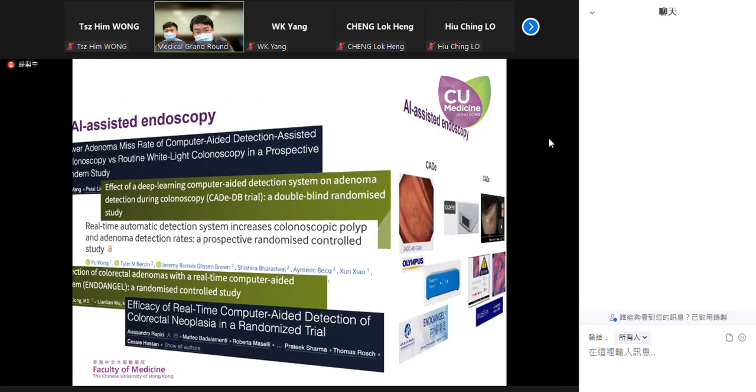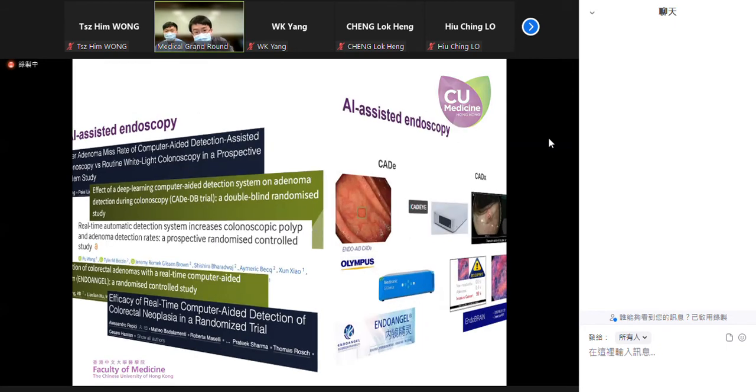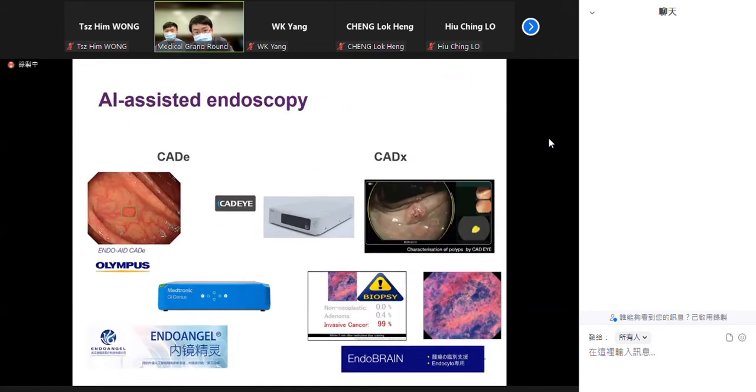For the basic concept, AI-assisted endoscopy can be further divided into CADe, which helps to detect abnormality during the endoscopy, or CADx, which helps us to give a diagnosis in terms of the endoscopic appearance. As you can see, there are numerous brands developing, and this is a very rapidly developing field, and we will further elaborate on this in the second part of the lecture.